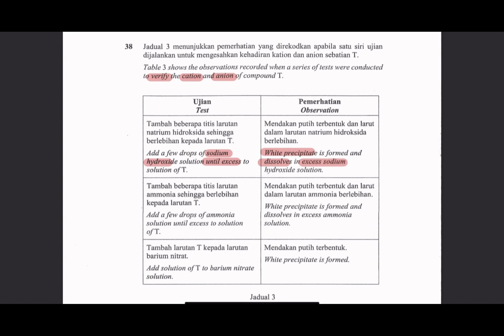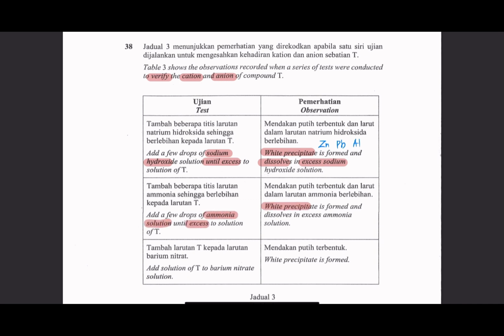Okay, when the white precipitate dissolves in excess sodium hydroxide solution, the possible cations are lead, aluminium, and zinc. The second test, add a few drops of ammonia solution until excess.